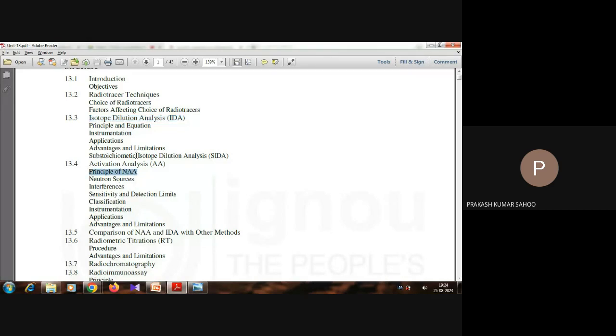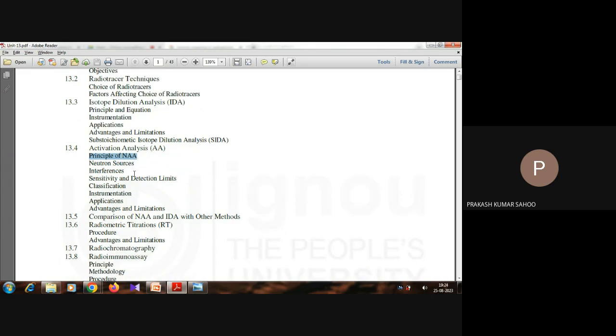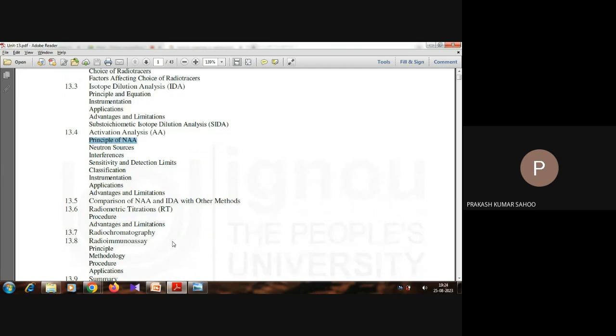Just go through these two things and you will have a question. Some short notes may come from radiochromatography and immunology.